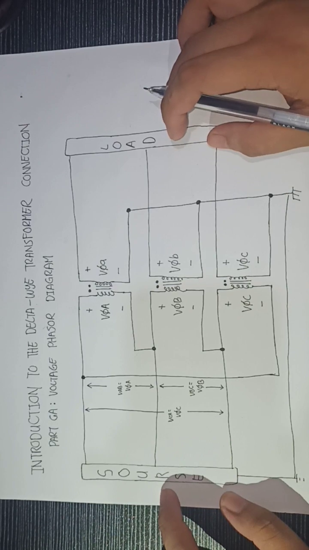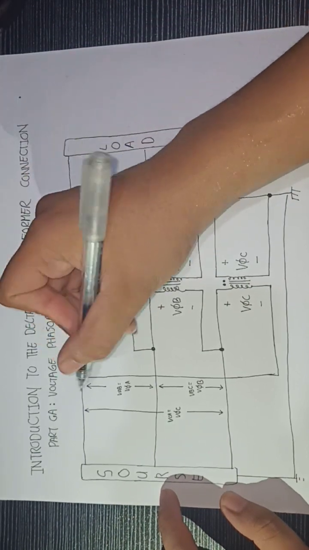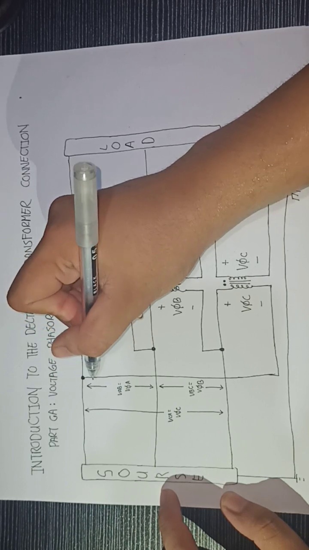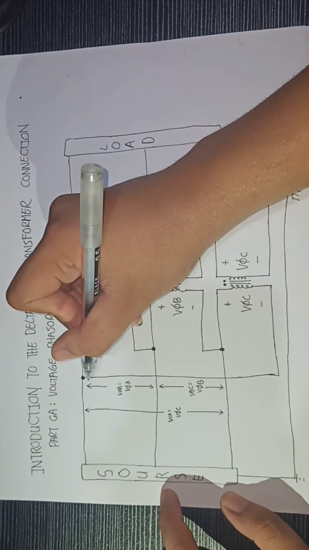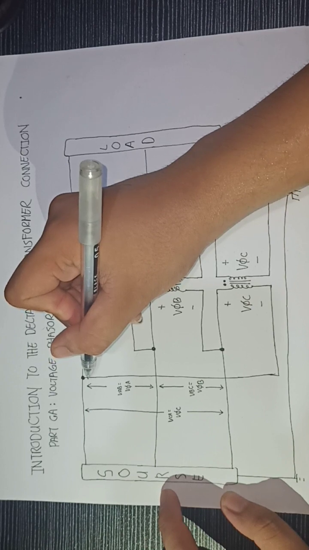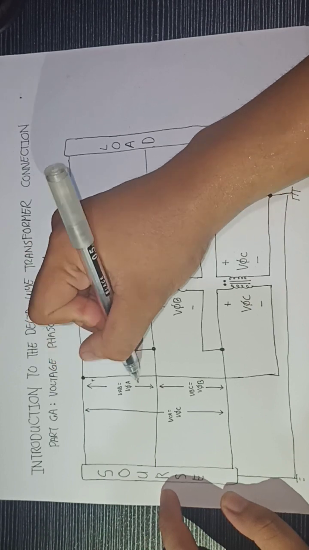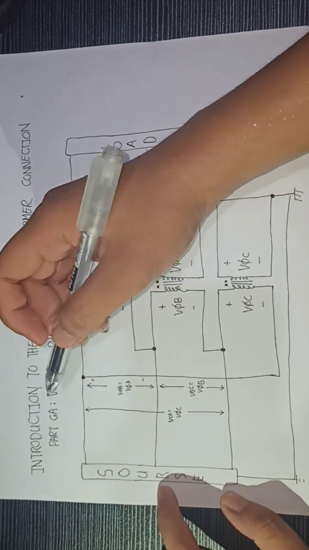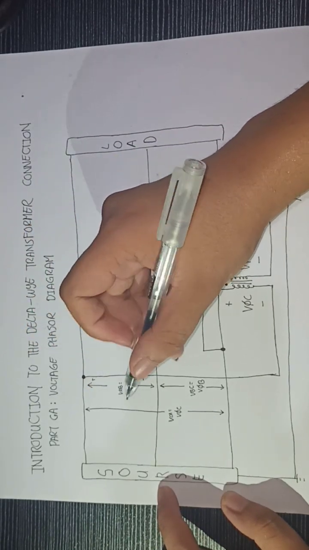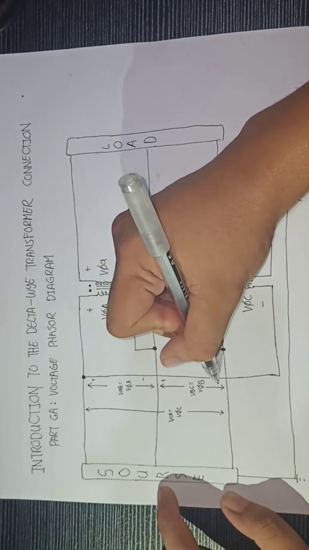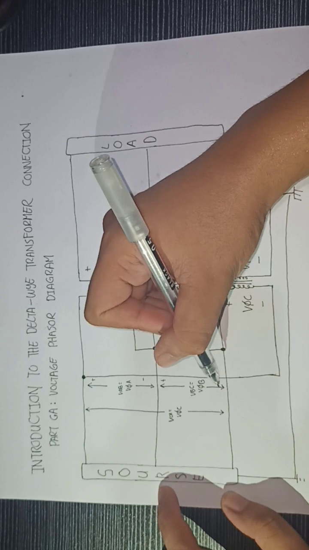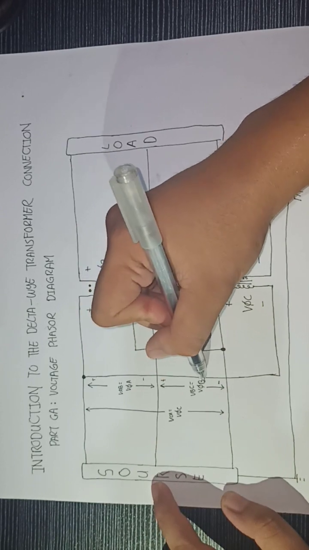So we can measure the line-to-line voltage here. Line-to-line voltage between line A and line B is essentially equal to phase A voltage. Similarly, line-to-line voltage between line B and line C is equal to phase B voltage.